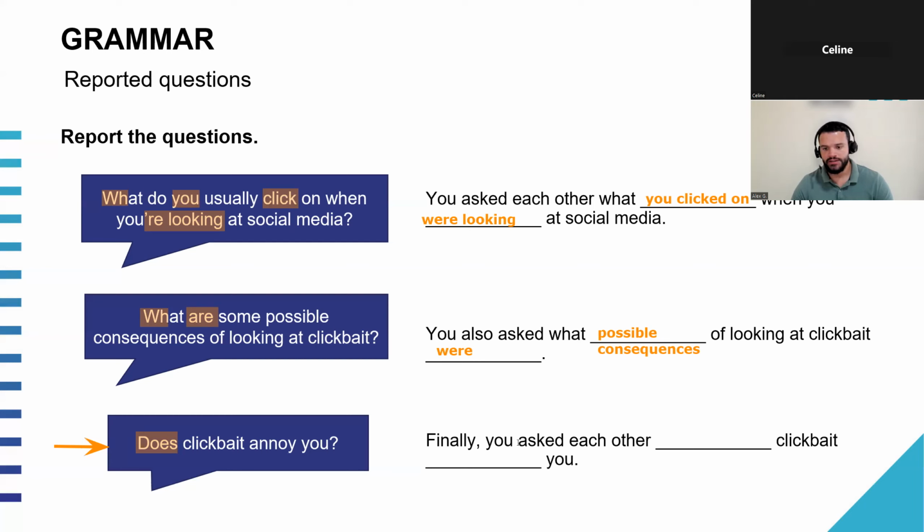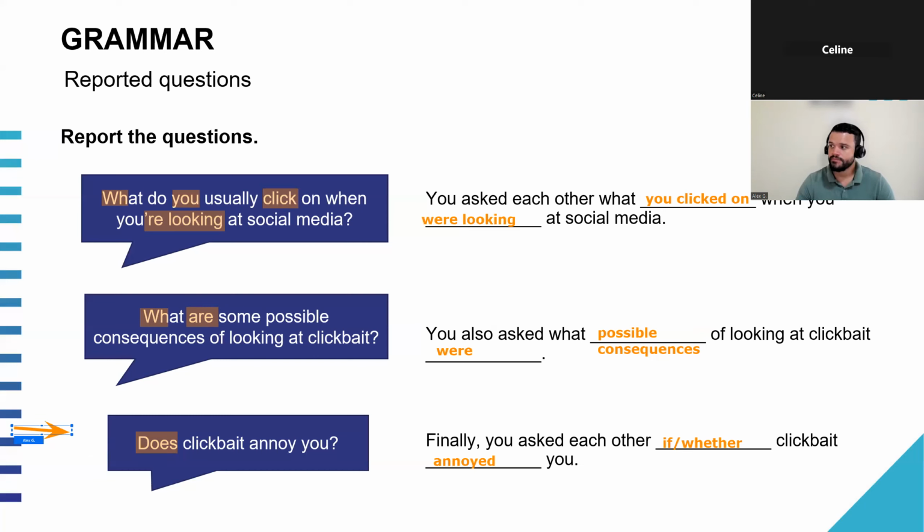So you can say, finally, you asked each other if or whether clickbait annoyed you. Okay? So in this case, make sure that if it's a yes or no question, you're not going to use what. You're going to use if or whether, and then just change the verb like you would for all of the other ones, okay? Any questions? Is that okay?